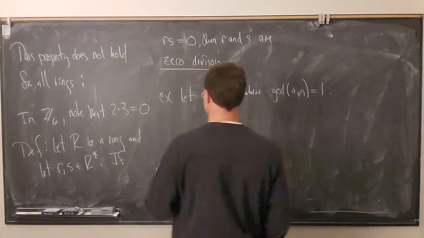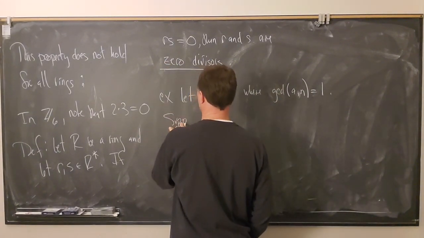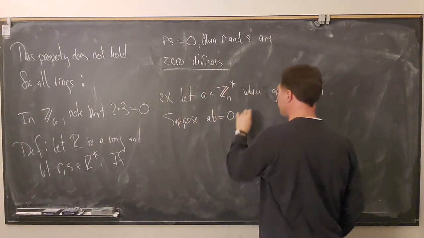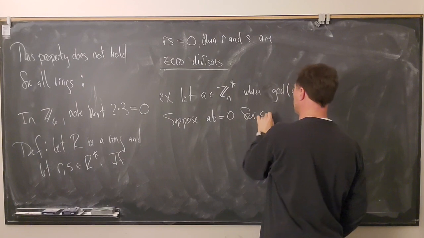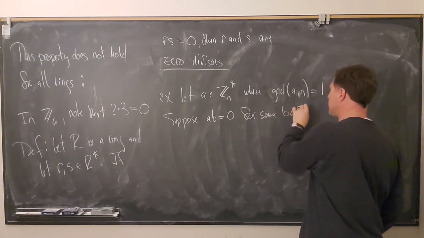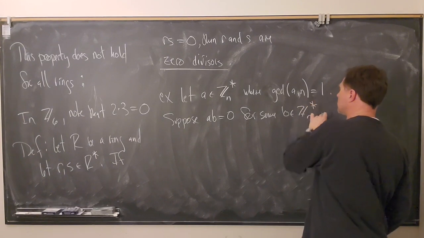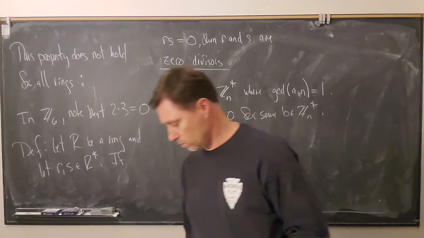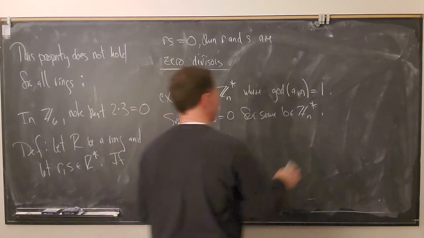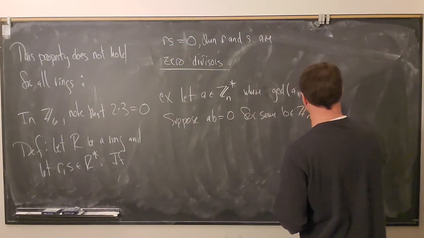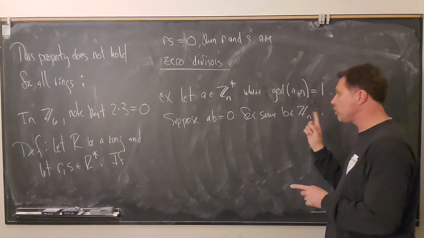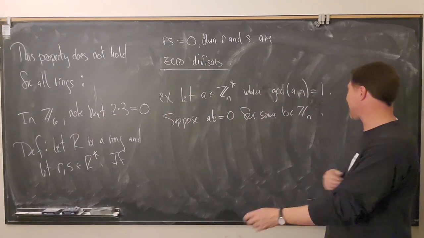And suppose that a times b is equal to 0 for some little b in Z n. Let's drop the star there. So suppose that this happens for some element. What I'm going to do is show that b actually has to be 0.